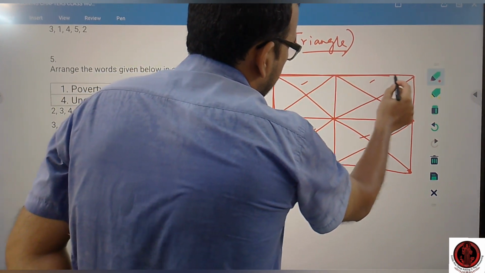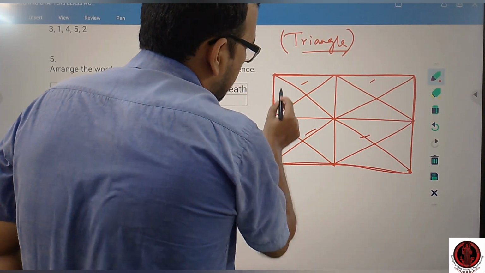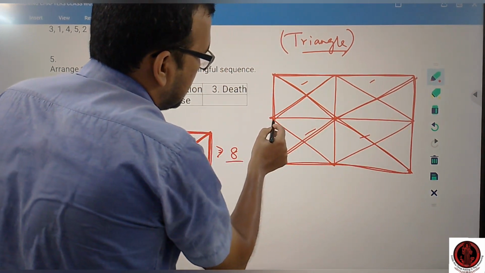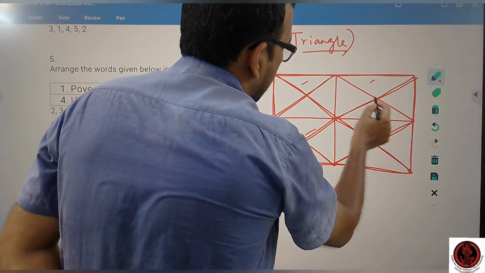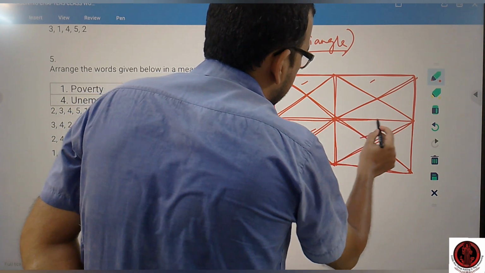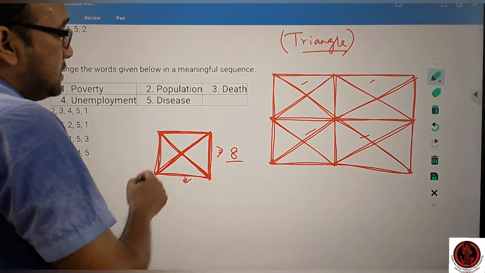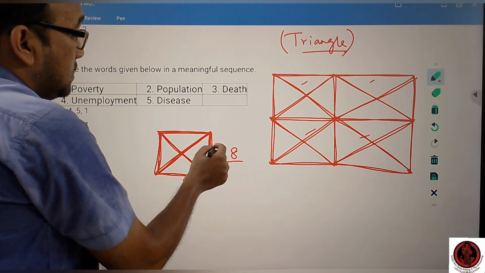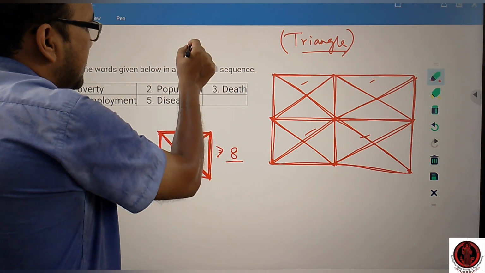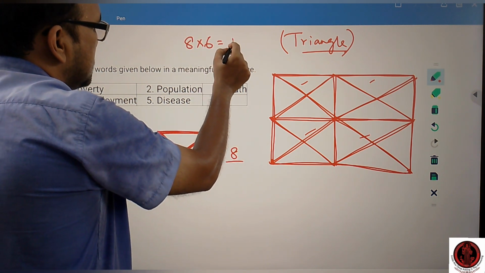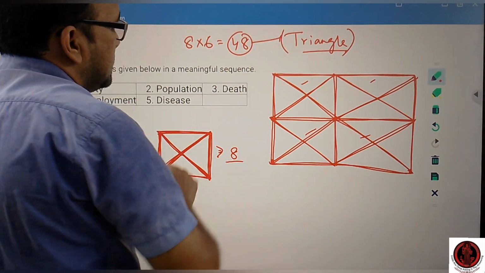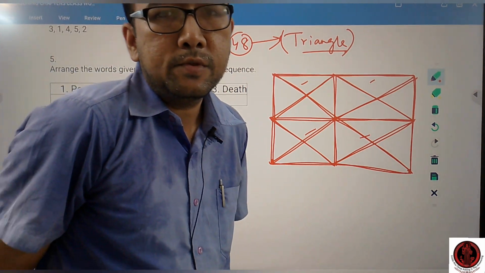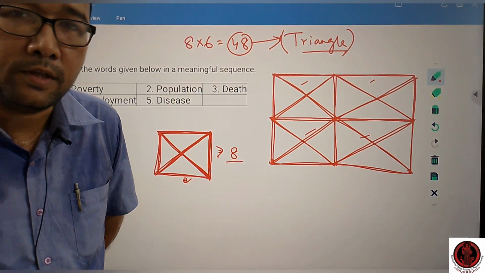In the bigger triangle also this part is repeated, 5 and 6. So total 6 times this part is repeated. In one part 8 triangles are there, so in 6 parts total 48 triangles are there. So the answer is 48.